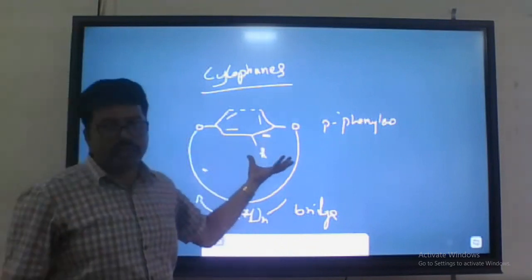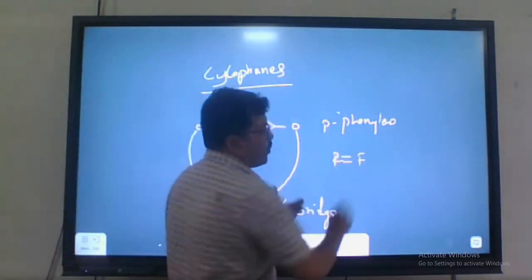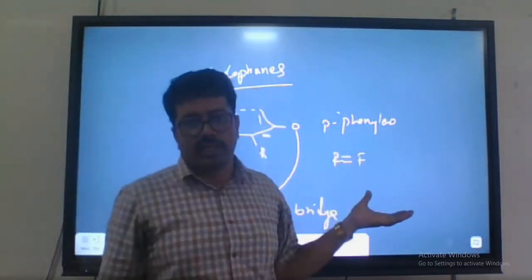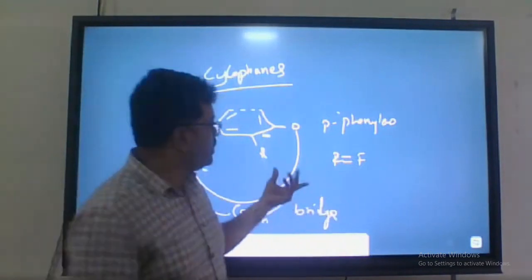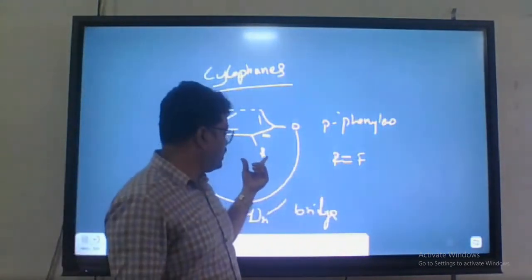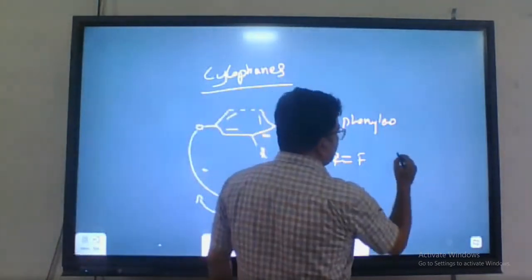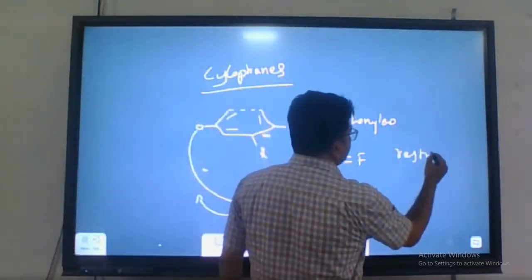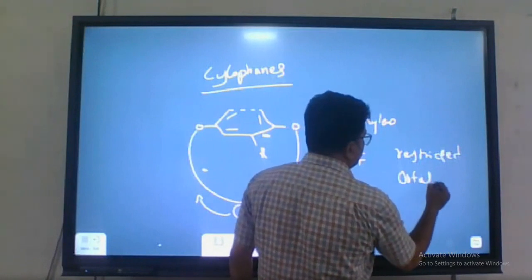If R is substituted with fluorine, it has more restricted rotation. Fluorine atom substituted at R acquires restricted rotation.